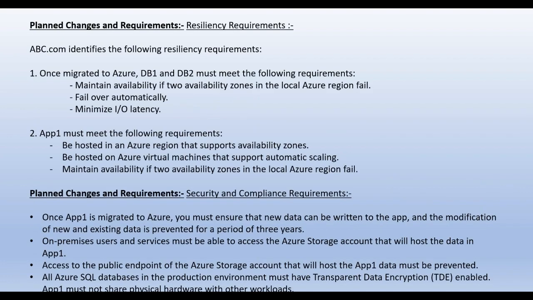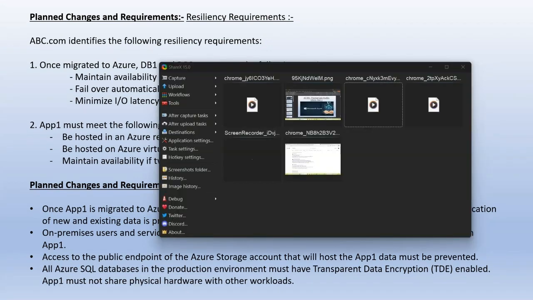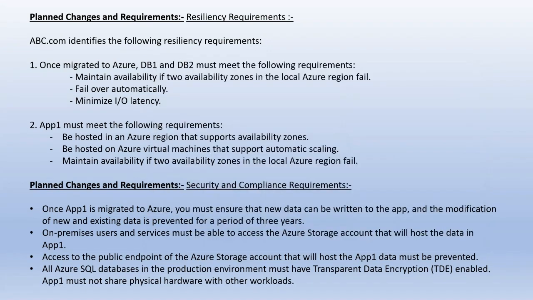A little bit more about the plan changes and requirements. Resiliency requirements. abc.com identifies the following resiliency requirements. First, once migrated to Azure, DB1 and DB2 must meet the following requirements: maintain availability if two availability zones in the local Azure region fail, fail over automatically, and minimize the IOPS latency.